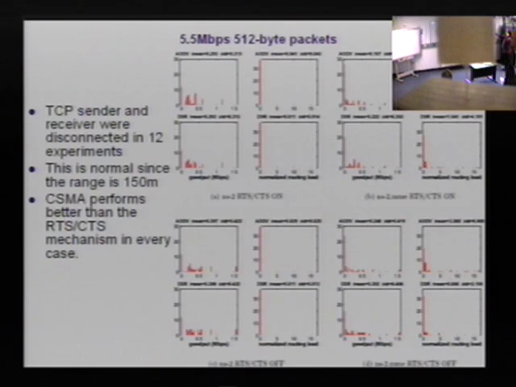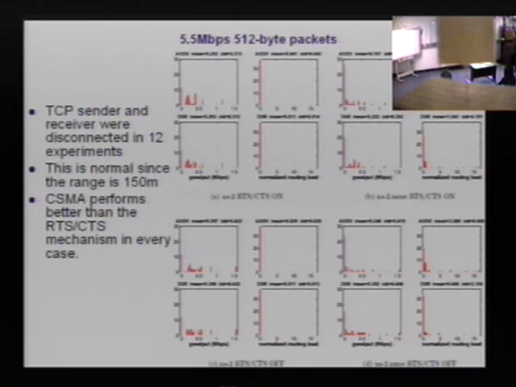We did the same experiment with 5.5 megabits per second. In this case, we saw that TCP sender and receiver were disconnected in 12 experiments because the range is 150, and sometimes the goodput for those 12 experiments is just 0. And because we increase the data rate, we increase the overhead of RTS CTS.